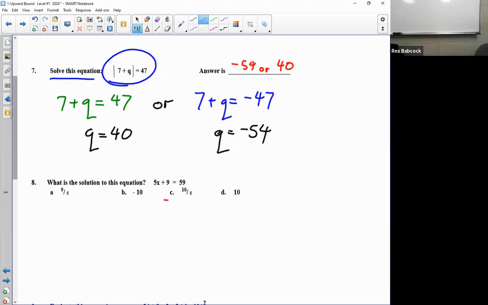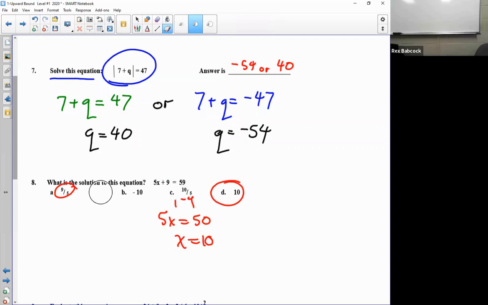You start by subtracting 9 from both sides. You get 5x equals 50, and divide by 5, and it's positive 10. Be careful though, sometimes fractions do happen, it didn't here, but sometimes they do. So you can have fractions for answers. This one, the answer is 10.